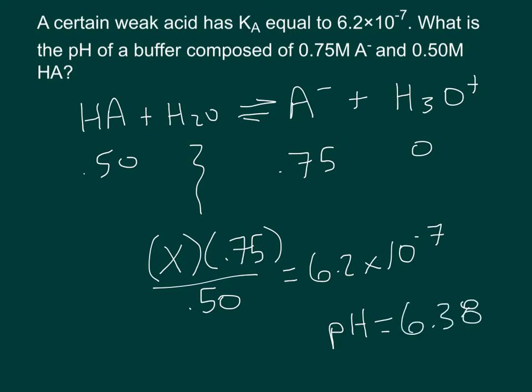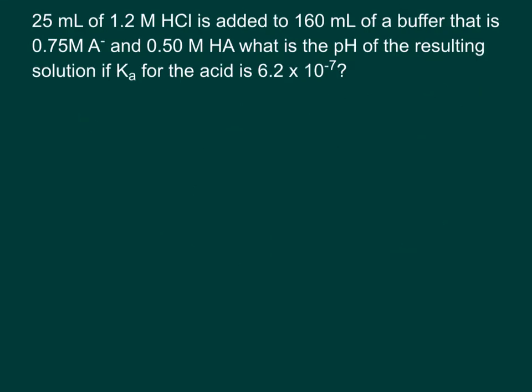That number will become important after we discuss the next problem, in which strong acid is added to this buffer solution. In this problem we have the same buffer. We're going to be using 160 milliliters of this buffer, and to that we'll add 25 milliliters of 1.2 molar HCl. The first thing I'm going to do is use dimensional analysis.